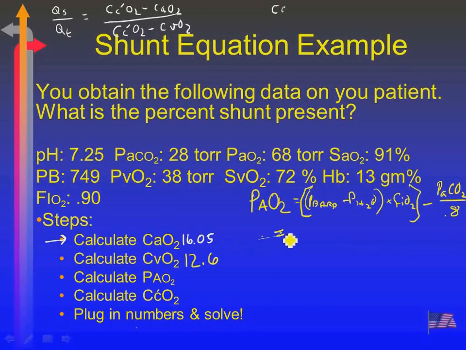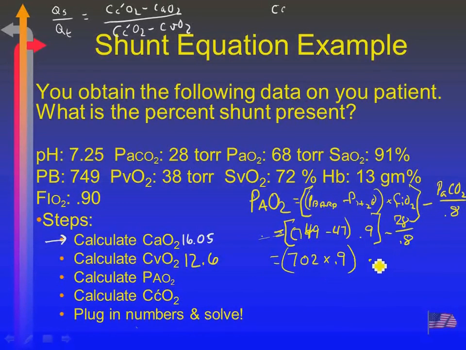Okay, so that means that my alveolar value is 749 minus 47 times 0.9 minus 28 divided by 0.8. So this is 702 times 0.9 minus 28 divided by 0.8. 631.8, is that right?